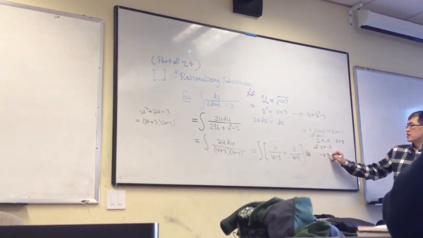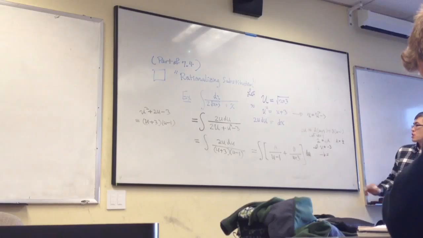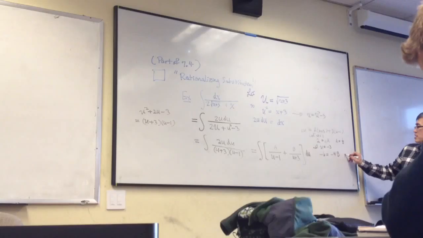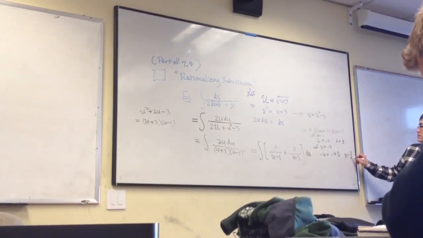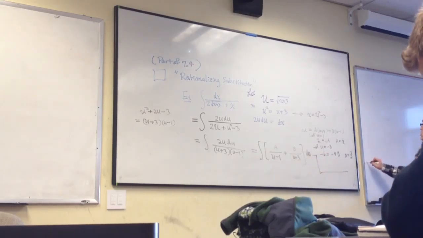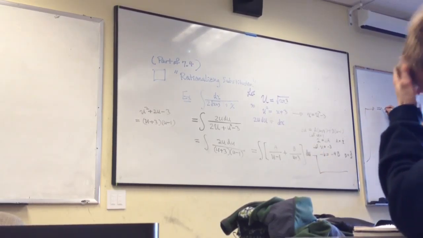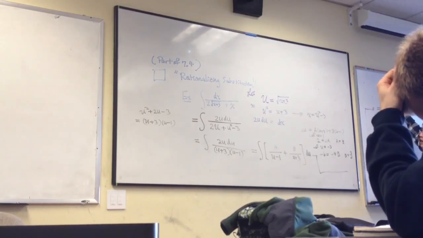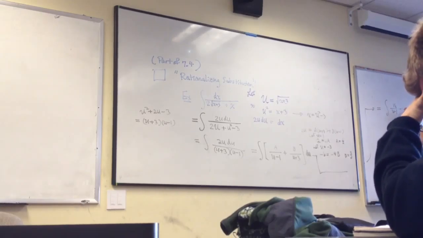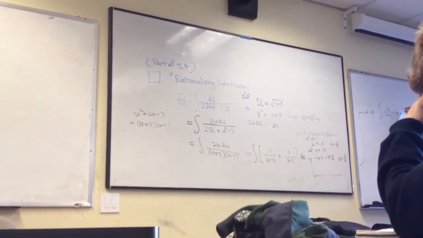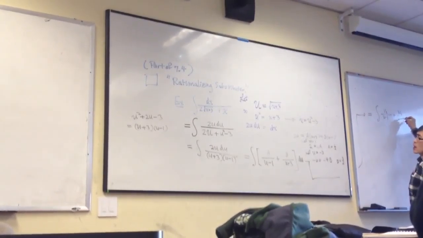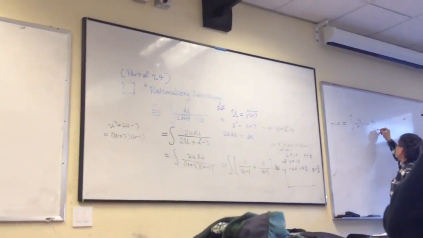So -6 therefore is equal to -4B, correct? And so what is B? 3/2. And so I continue over here, and I said that this one is equal to A is 1/2 over u minus 1 plus B is 3/2 over u plus 3. Oh, yeah, that's right.